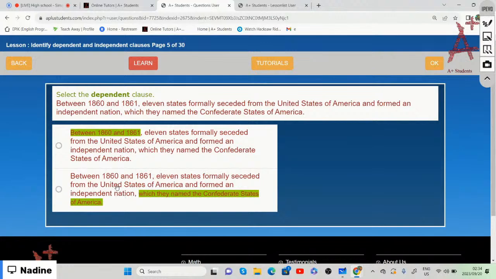Between 1860 and 1861, 11 states formally seceded from the United States of America and formed an independent nation, which they named the Confederate States of America. So we need to select our dependent clause. Is it between 1860 and 1861, or which they named the Confederate States of America?